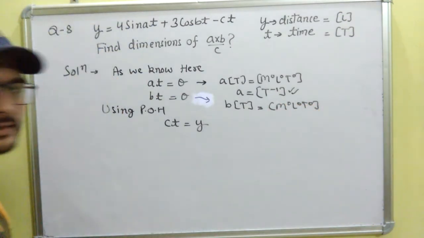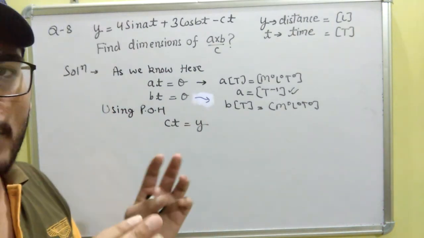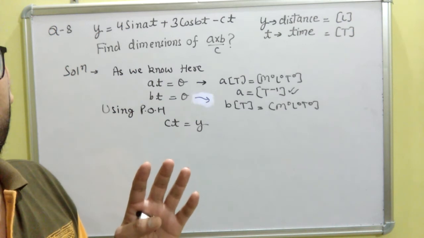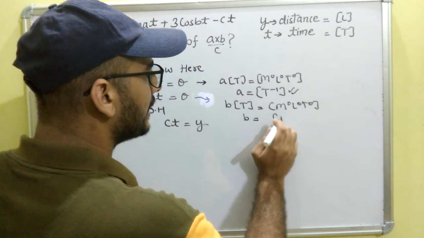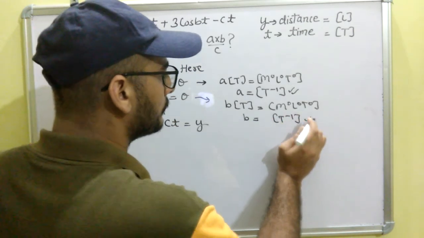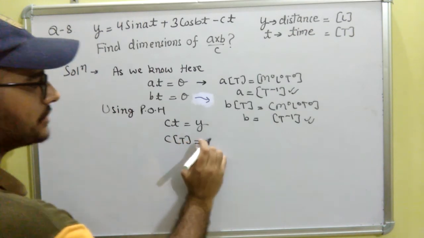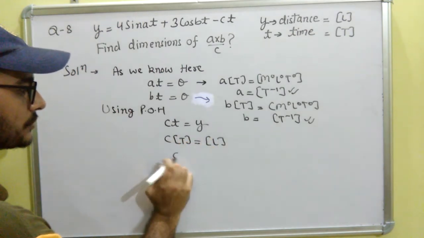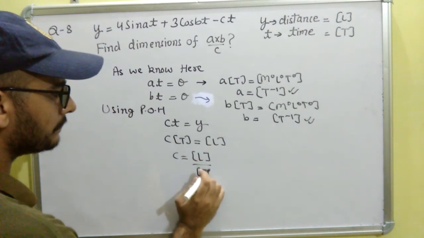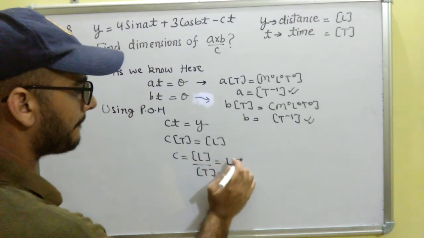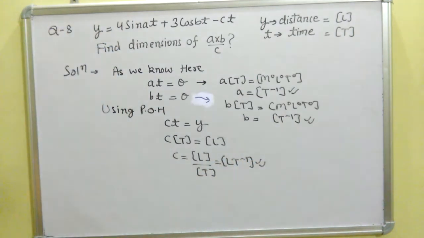And look, whatever happens, never forget this square bracket, because without that we are not dealing with dimension formula. So be very careful regarding the square bracket. So B will be equal to again T to the power minus 1. Now let's calculate C. Here t is your time, y is your length. So for C you will get L. So C is equal to L T to the power minus 1.